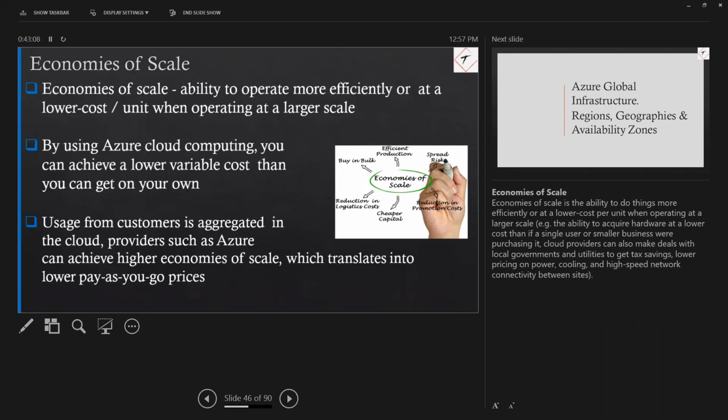You can achieve a lower variable cost by using cloud than what you can do on your own, because the usage of the customers is aggregated in cloud. Providers such as Azure can provide high economies of scale, which translate to lower pay-as-you-go prices.